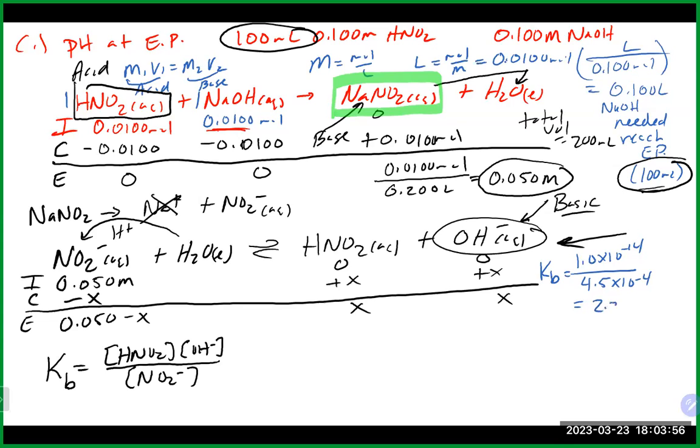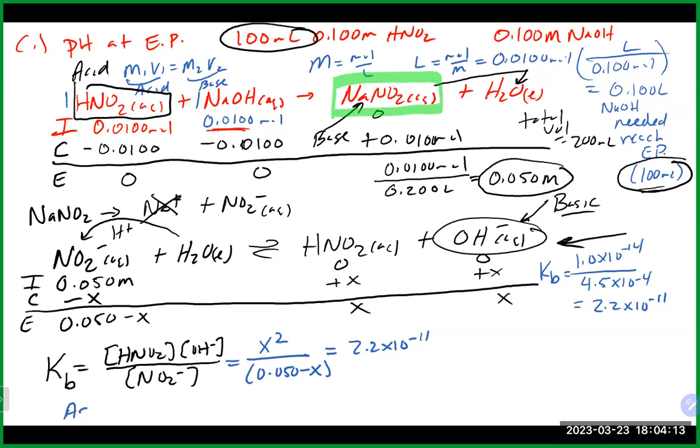Lots of twos: 2.2 times 10 to the minus 11. So in this case, we're going to put in our numbers, going to give us X squared divided by 0.05 minus X equals 2.2 times 10 to the minus 11.